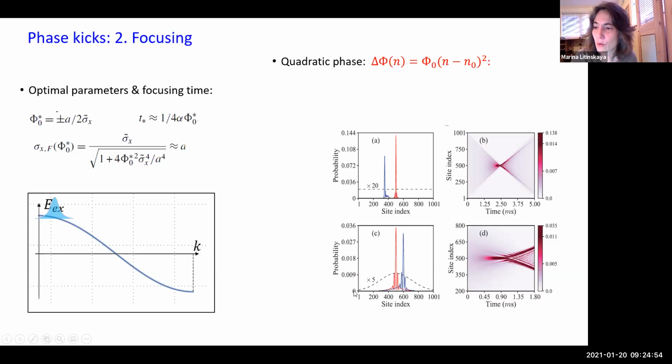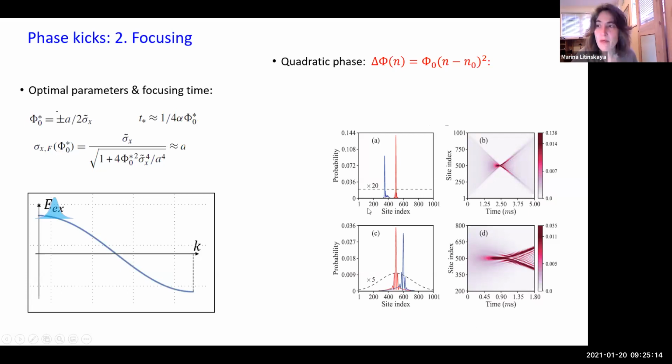This is the focusing of a broad Gaussian wave packet. So this was our initial distribution of the exciton wave packet on the sites, right? It's spatial distribution of the excitonic wave packet. And now you can focus it to a small size.